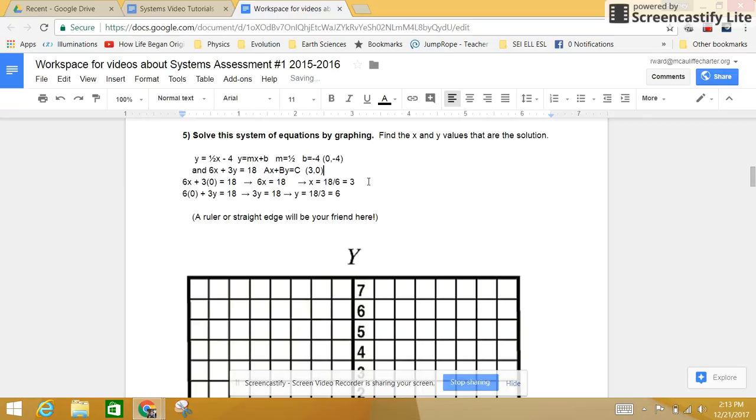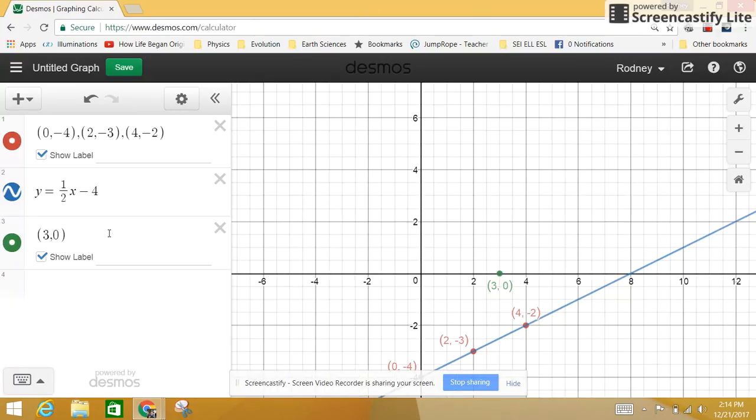So now I have a y-intercept at 0, 6. Okay, so what that results in is A, the x-intercept equals 3, and B, the y-intercept equals 6. Okay, so now I've got 0, 6. I'm going to plot that here too. Okay, and I would draw a line right through those 2 points.